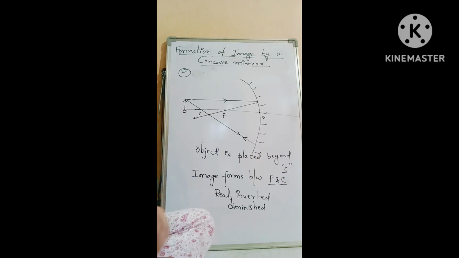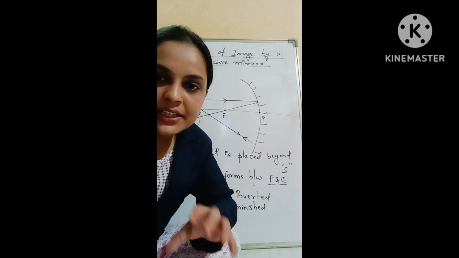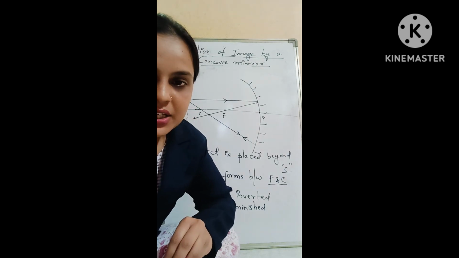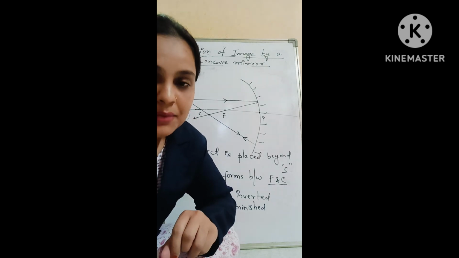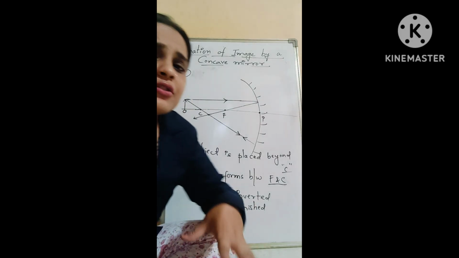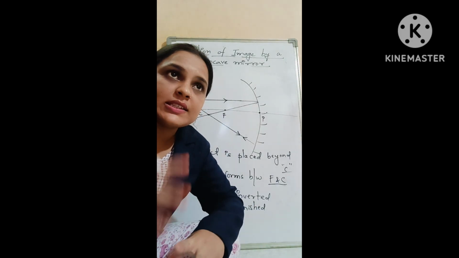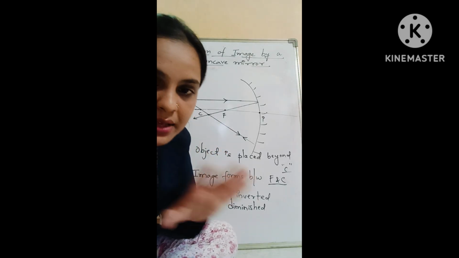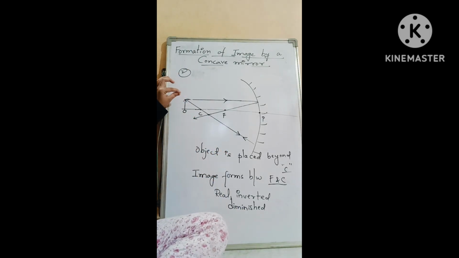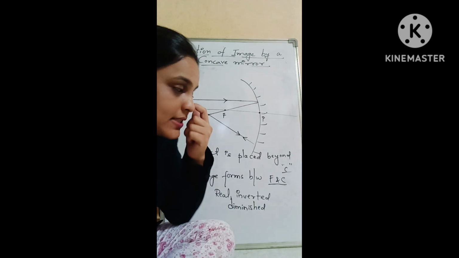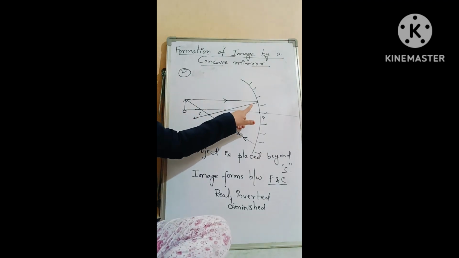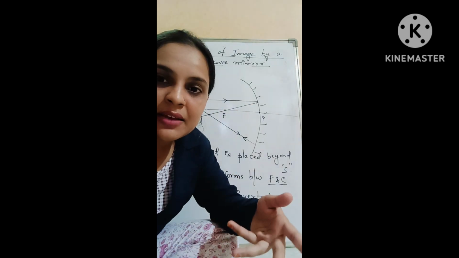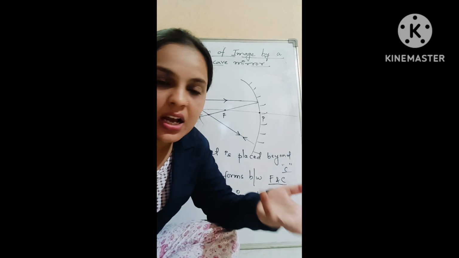Okay. As I told you already, to form the image we require a minimum of 2 rays. In the first case the object was at infinite distance, so we took parallel rays, but in this condition it won't be possible. From the head we have to take 2 rays. One I took parallel, because 2 rays parallel to each other at a time we can't.